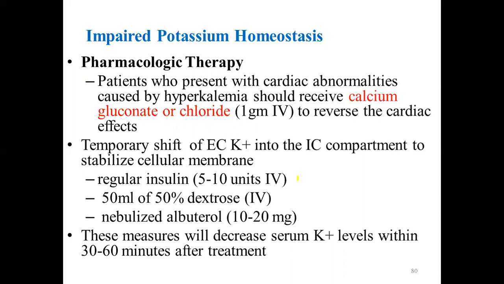Remember our last discussion in AKI, when the potassium level in the serum is very high, the cardiac tissues are very sensitive as compared to a potassium level inside the cell.